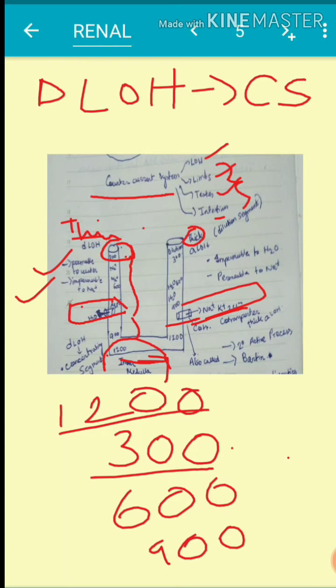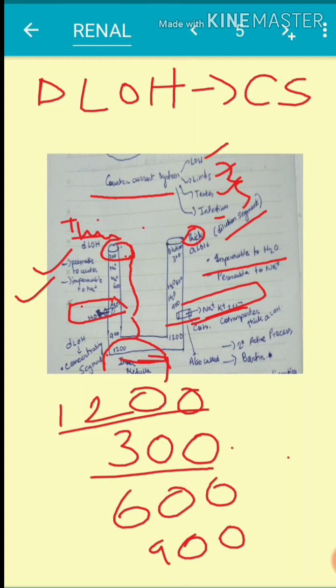So here the opposite of what was happening in the descending loop of Henle is occurring, that is dilution is occurring. So we can say that the ascending loop of Henle is the dilution segment, whereas the descending loop of Henle is the thin concentrating segment.